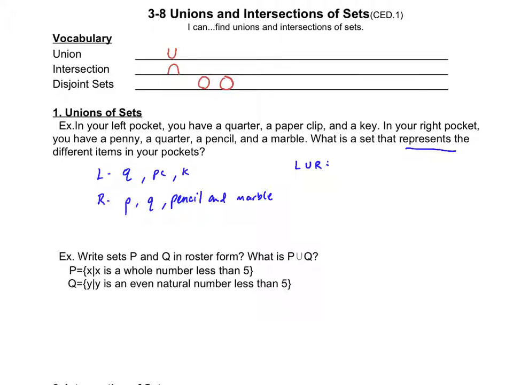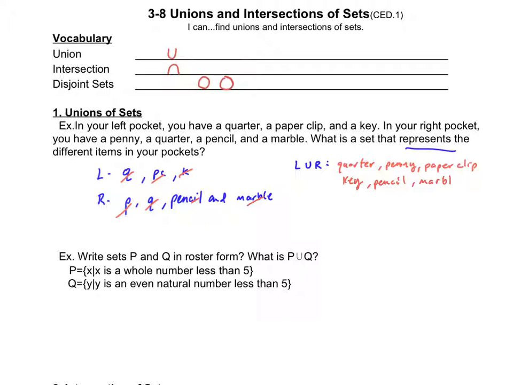If I do a little checking off as I go, I have a quarter, a penny, a paperclip, a key, a pencil, and a marble.